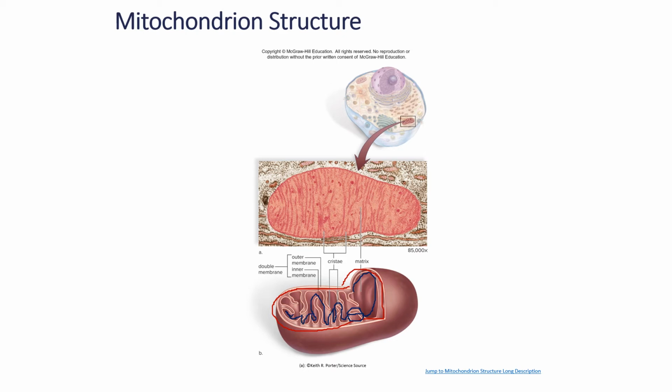And so that structure is more evidence that they are sort of like pet bacteria. Anyway, just know the mitochondria may have once been bacteria, but their main function is making ATP.